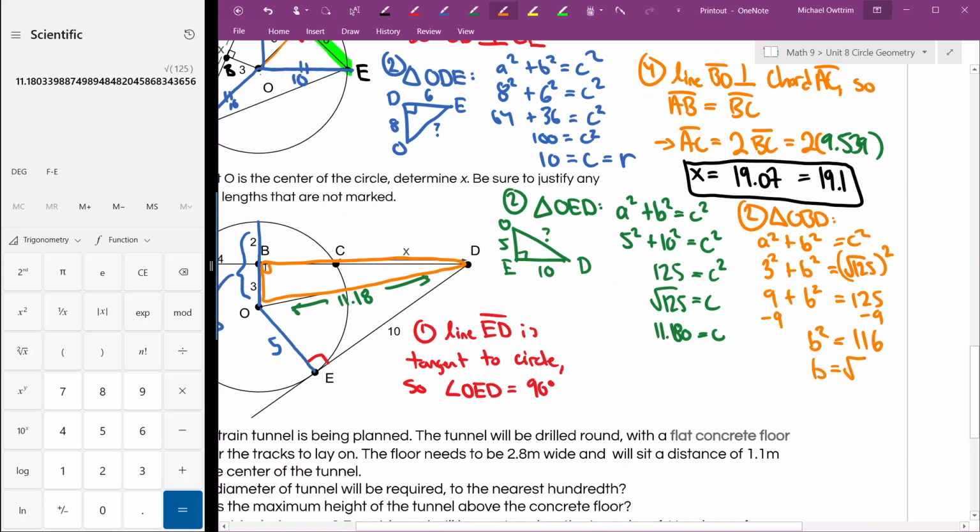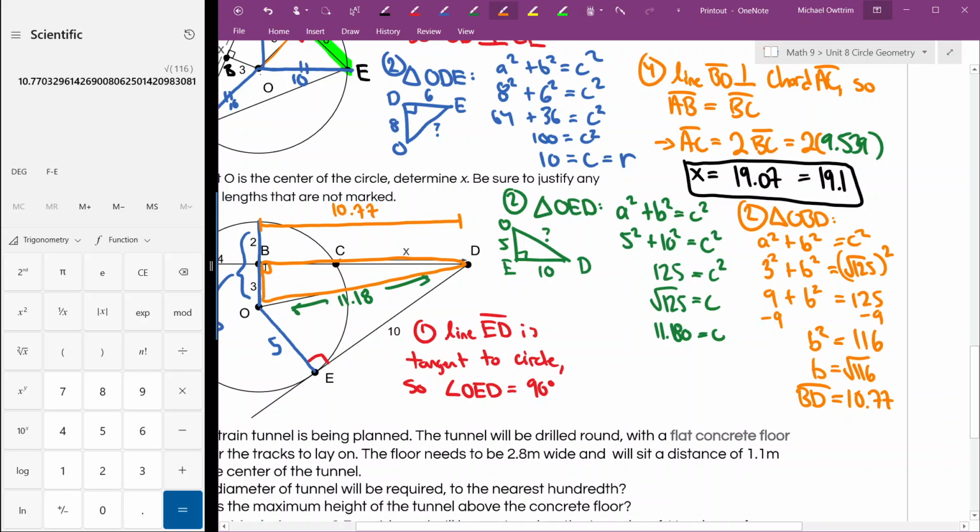And so b is equal to the square root of 116, and that will approximate as well, 10.77. And really, this is line BD. Okay, so this whole thing here is the length 10.77.